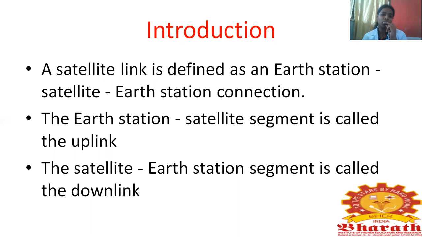And what does the name downlink specify? It means that the information is sent from the satellite down to the earth. The base station either sends the information to the satellite, or the satellite sends the information to the earth station. These two segments together are called a satellite link.